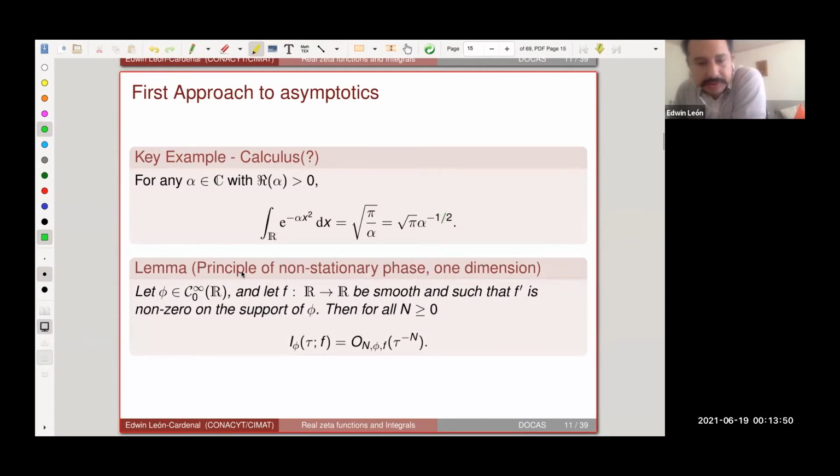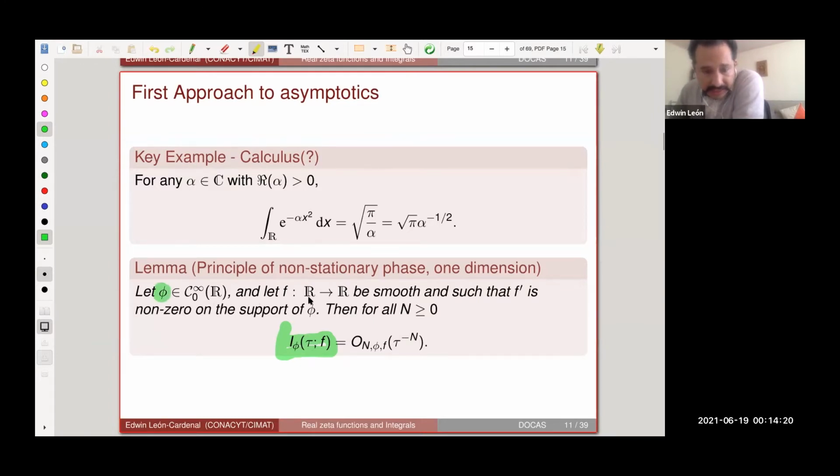So again, the principle of non-stationary phase formula, the one-dimensional case, says that if you have an integral like this, remember that this integral is e to the minus i tau f, and then the function phi.